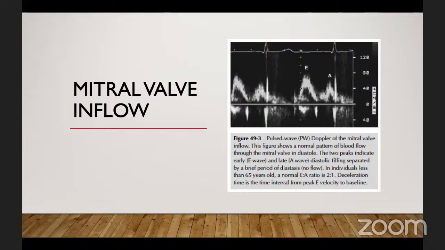The first one, which is the early filling with the mitral valve opening, should be a higher flow, and then followed by a pause actually in between, and then the atrial kick at the end of the diastole and before systole. And a change in the ratio between E to A will give you an indication of the diastolic function, either impaired relaxation or restricted filling.